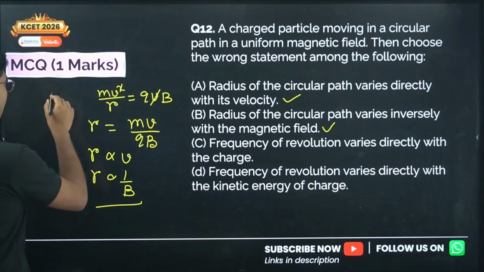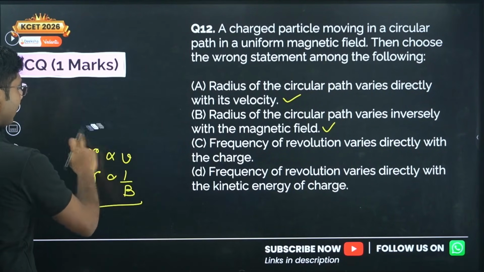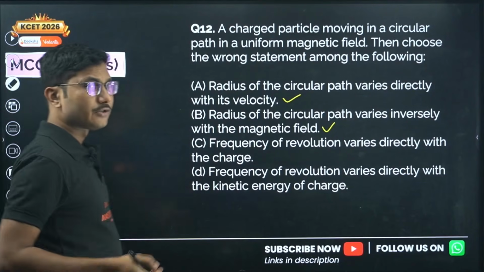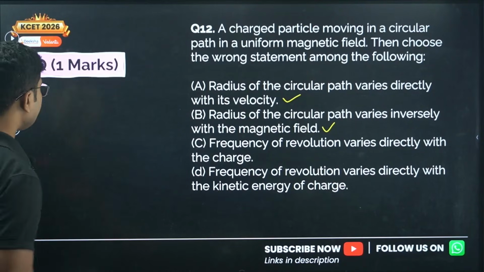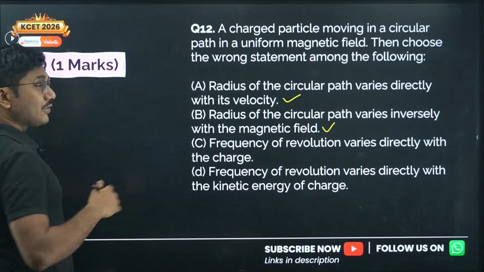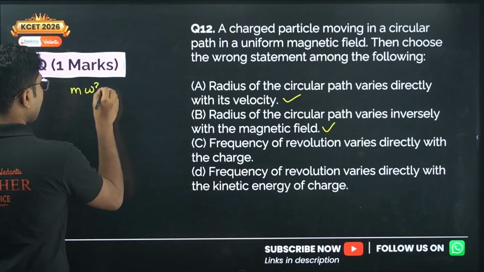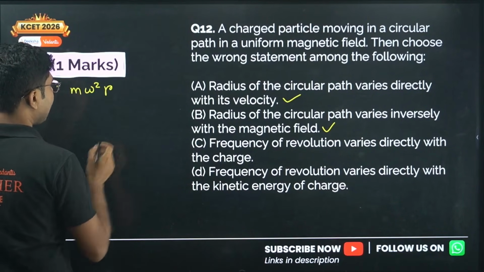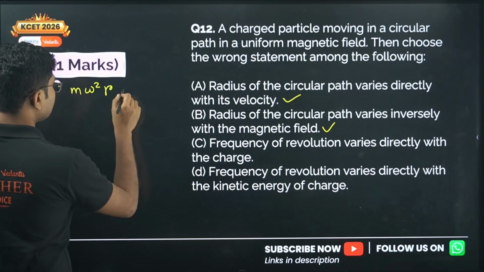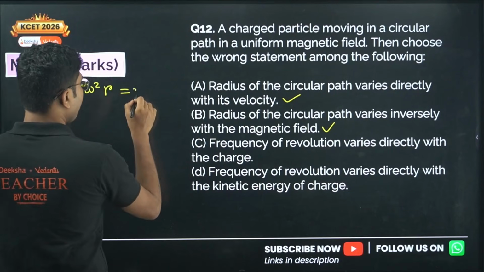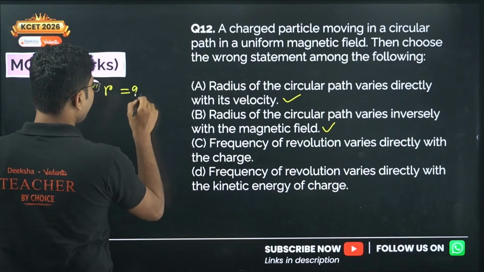Frequency of revolution means omega, the angular frequency. Even if you calculate the normal frequency it is the same, because omega is equal to 2 pi f, so it does not matter. So how to calculate that? Now mv square by r can be written as m omega square r, and that is given by qvB.